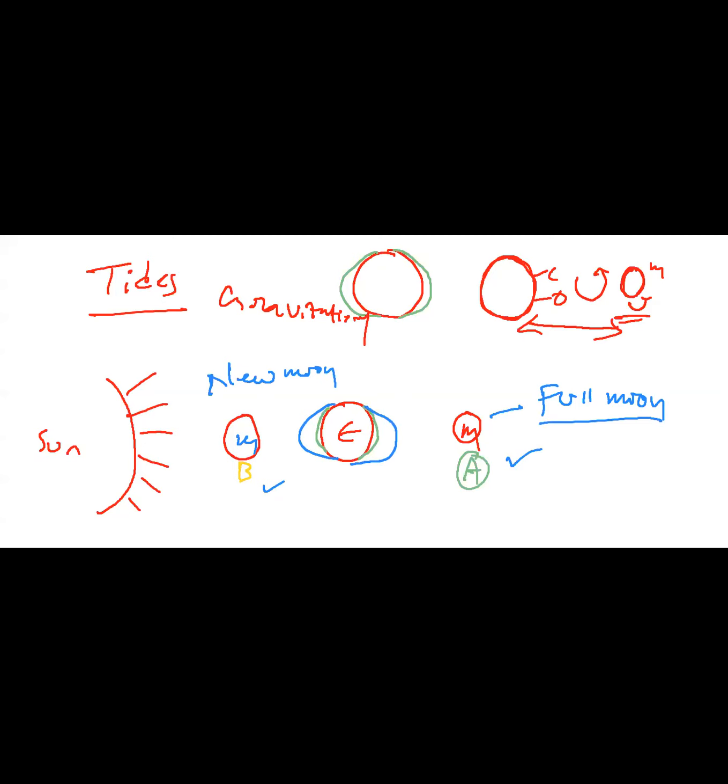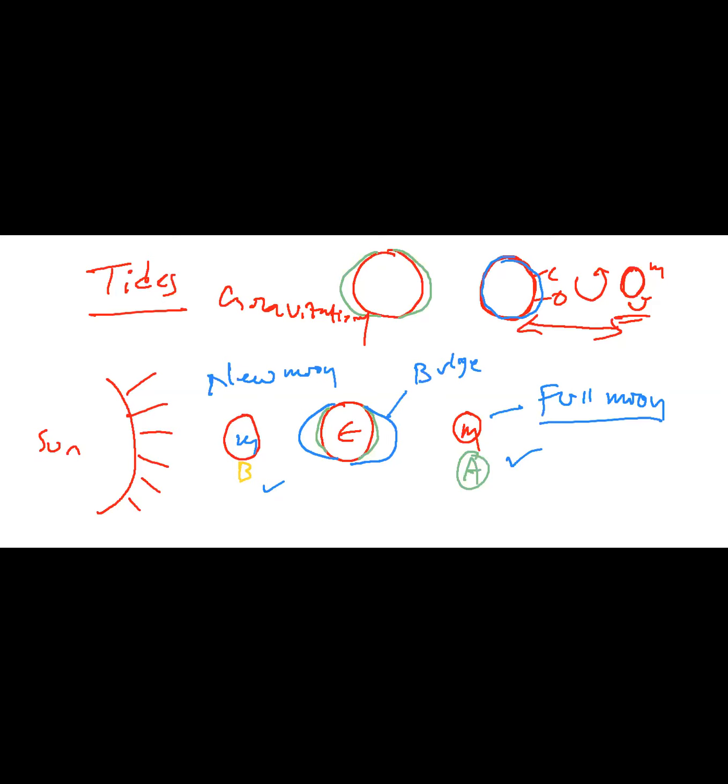This is the normal Earth, on which we have the sea waters. What will happen here? This is what we call the bulge. There will be a bulge of the sea waters.